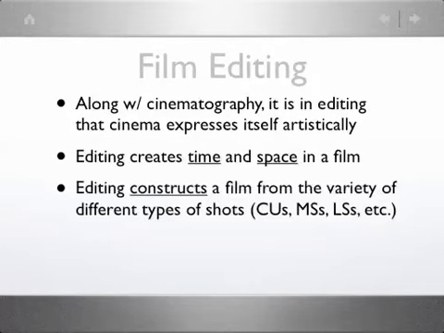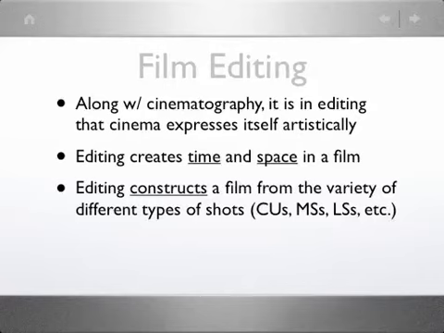We've studied the different types of shots that exist in terms of subject camera distance: close-ups, medium shots, long shots, and the other gradations that exist along that spectrum of subject camera distance. One of the things that editing does is that it constructs the film from a variety of these different types of shots.